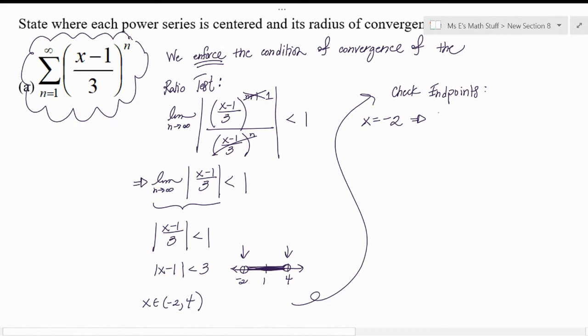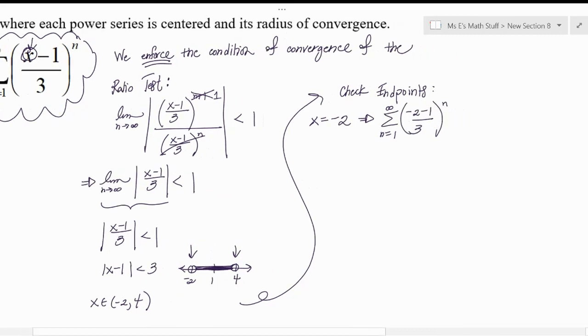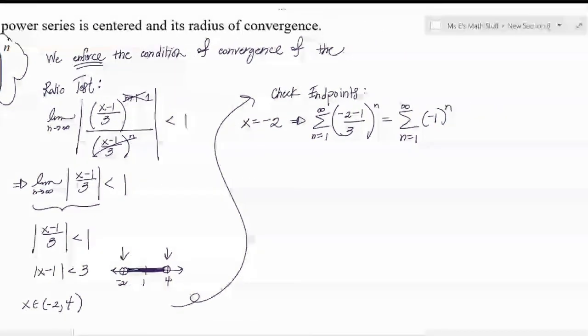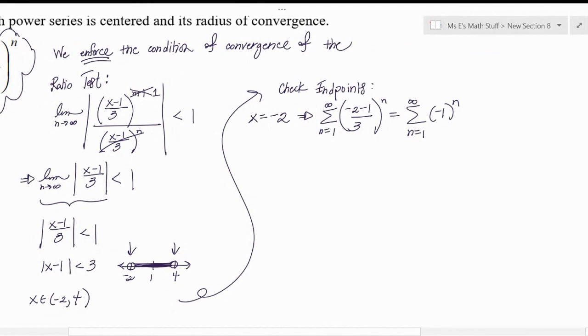It would say the sum as n goes from 1 to infinity of, with x as -2, -2 minus 1 over 3 to the n. And when you're checking endpoints, you just simplify. We'd end up with -1 to the n. You could always expand it to see what you think it does, but you could see that this would be a geometric series with a base of -1, and it would definitely diverge.